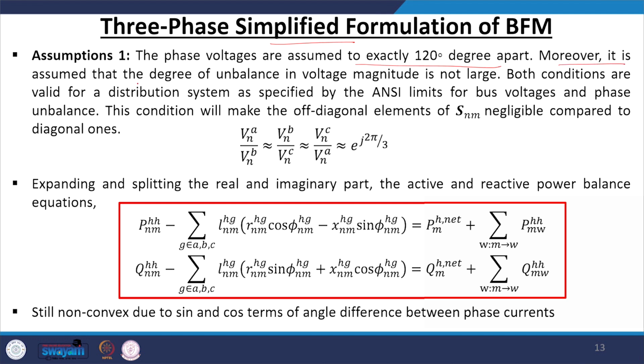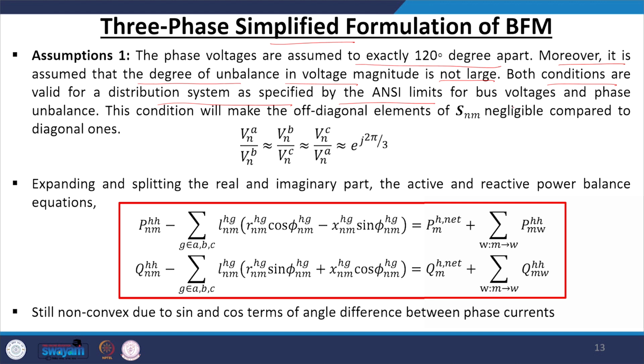Moreover, it is assumed that the degree of unbalance in voltage magnitude is also not large. That means the voltage magnitudes are also close to each other. Both conditions are valid, as per the ANSI limit, which says that the voltages should be as nearly balanced as possible, and the network will always be running in proximity of a balanced system. If unbalancing is there, it will be close to a balanced system.